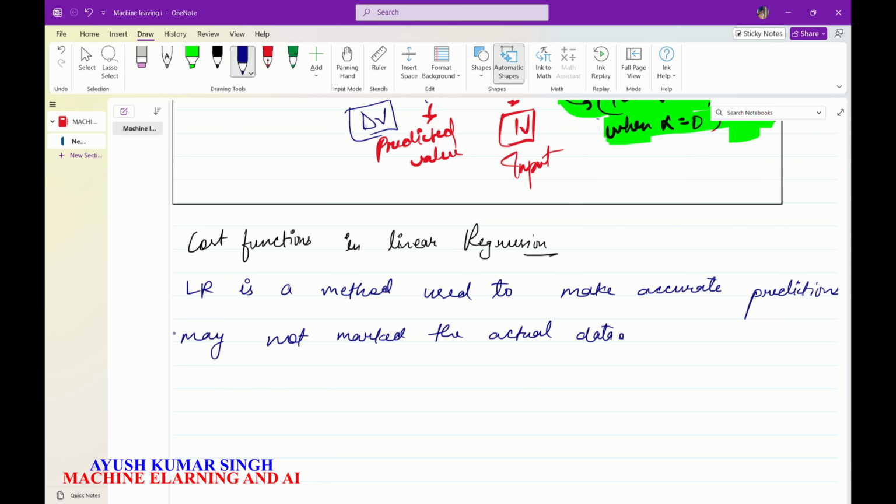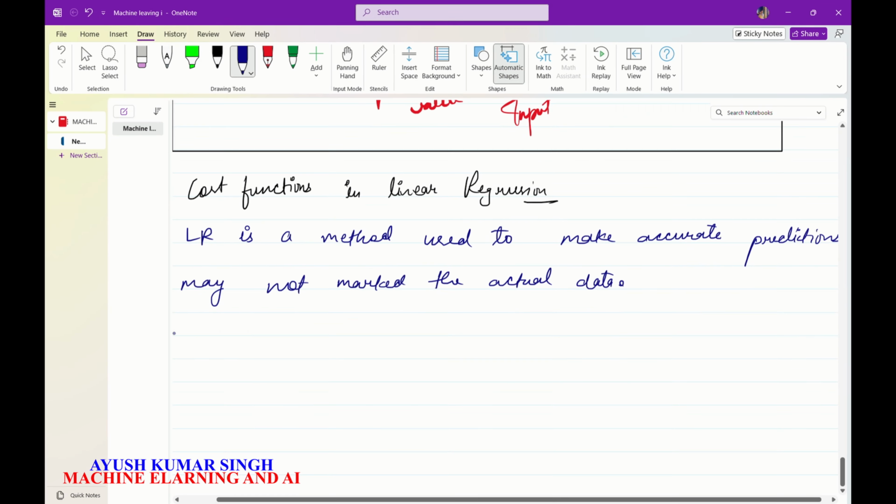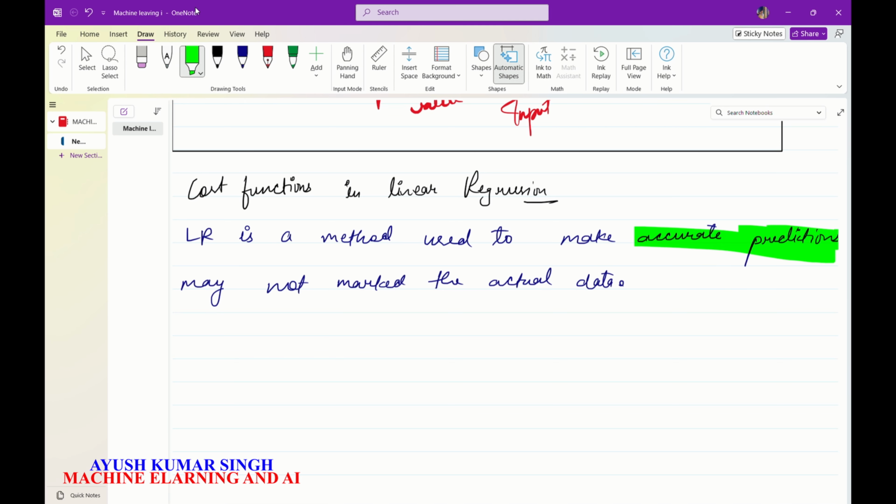As I said, linear regression's main goal is to find that straight line that minimizes the difference between the observed data and the predicted data. Here they are saying the same: linear regression is a method used to make accurate predictions. Our main focus in getting that straight line is to get our actual data and predicted data on the same line. We want our predictions to be accurate. Why so?